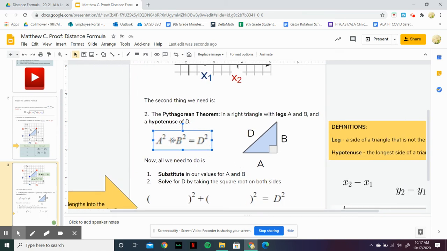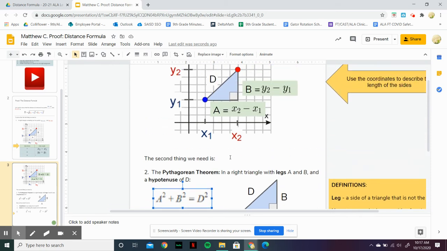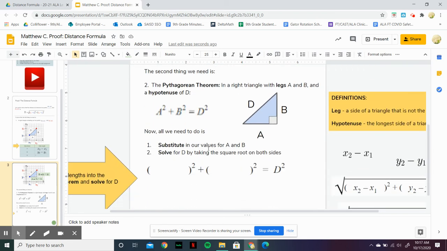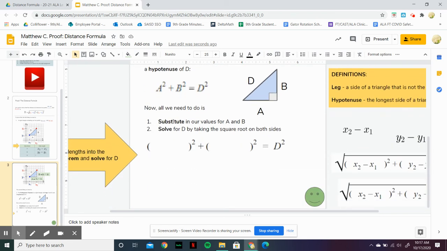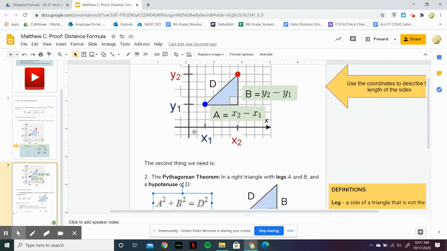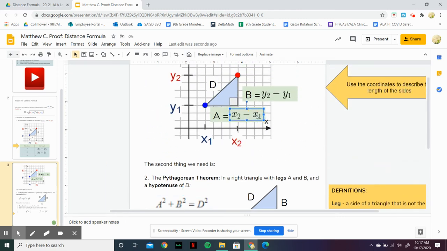So we're going to use this theorem, and we're going to use the side lengths that we have from our right triangle from up here. So the first thing we're going to do is substitute in our values for A and B. So we see A and B appearing here in the Pythagorean theorem, but we know that we could change those values to the ones that we have up here.